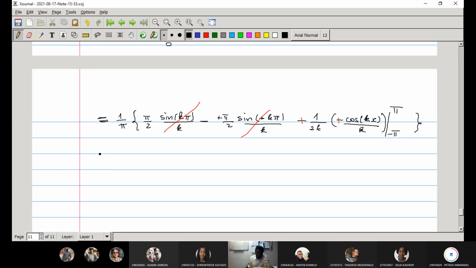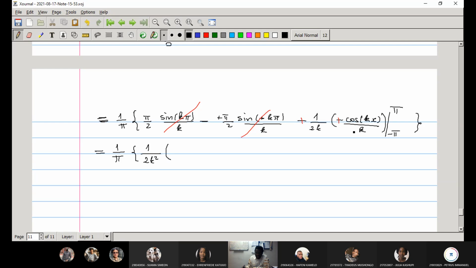So this will be equal to 1 by pi this factor. Okay, now inside the curly bracket, I will evaluate this. I can also take this k out, right? So the common factor here will be 1 by 2k squared, into.